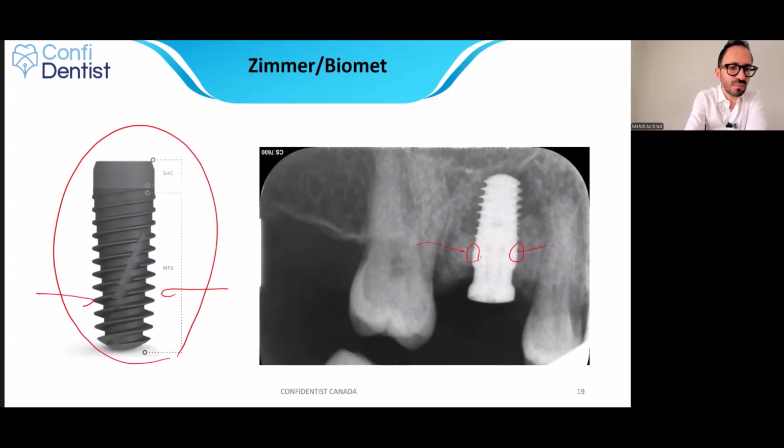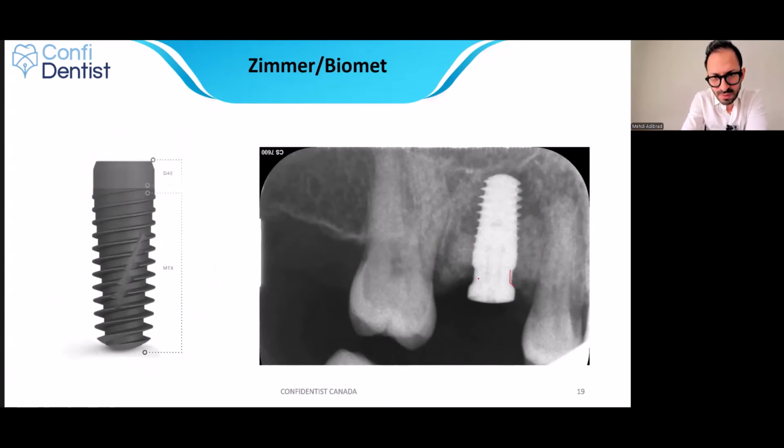Okay. So here a healing abutment is placed, and even by looking at the healing abutment, you can see a lot of the evidence of platform switching.